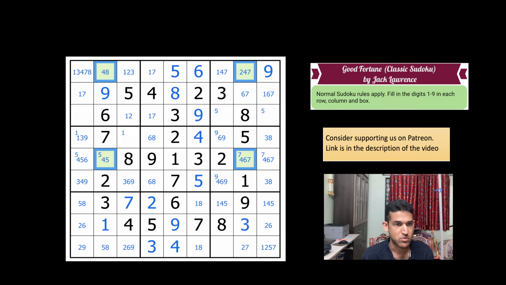So rows 1 and 5 and column 2 and column 8 have an X-wing on four.